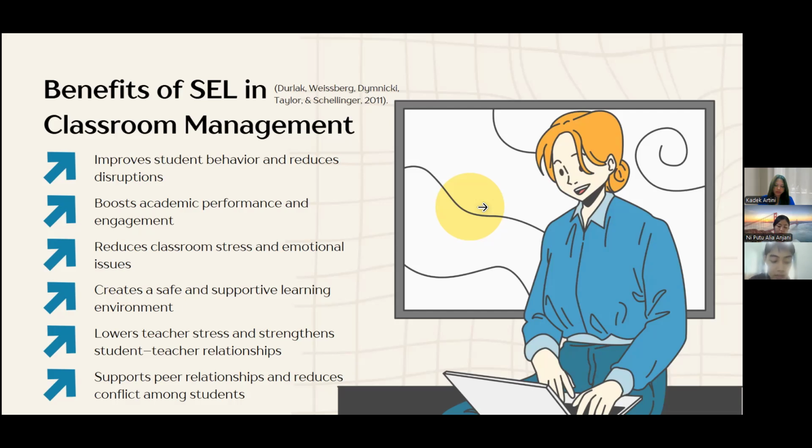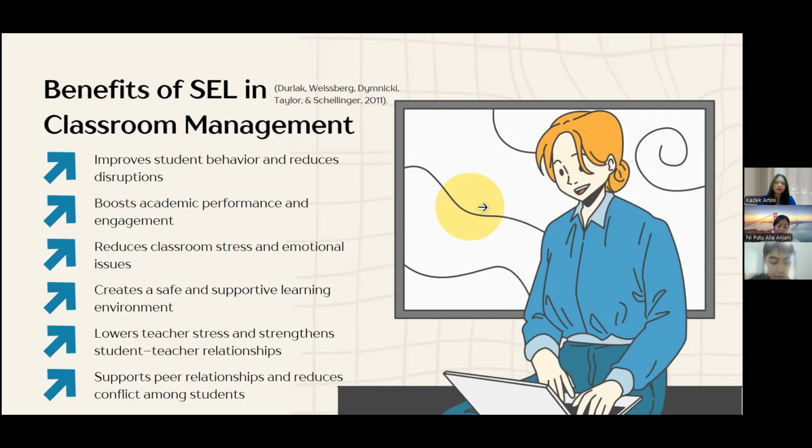And then the next is lower teacher stress and strengthened student-teacher relationships. When students behave better and manage themselves well, teachers also feel less stress. Plus, SEL can help build stronger, more respectful relationships between teachers and students, which can improve the overall classroom climate.